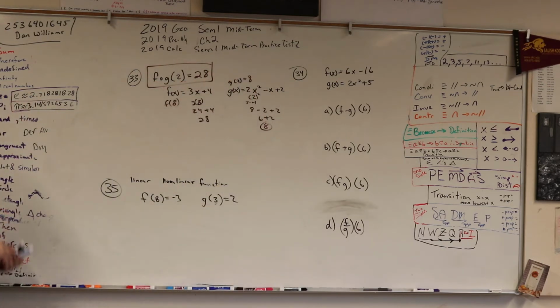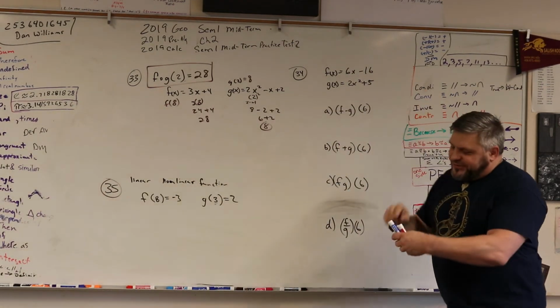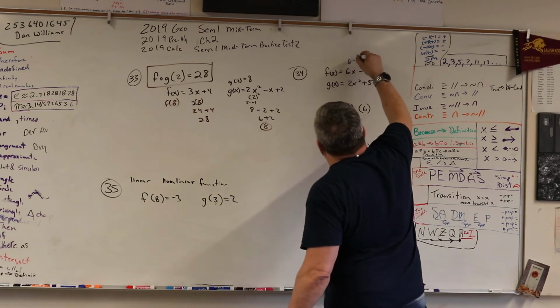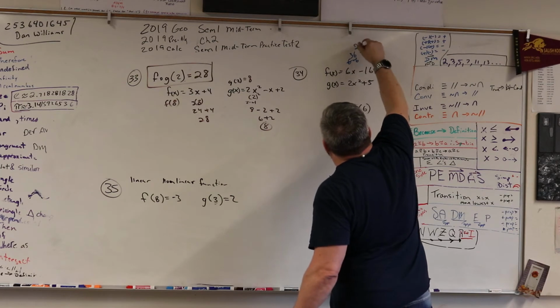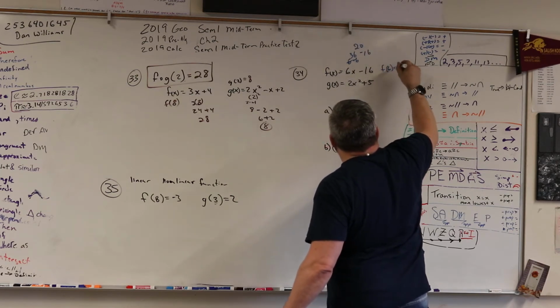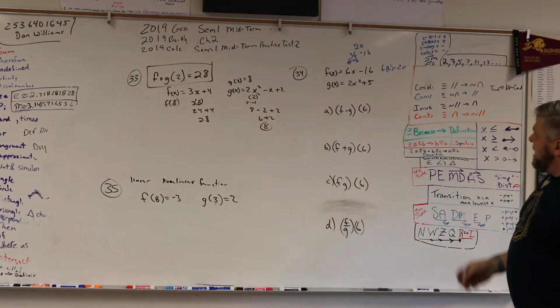Okay? Next. F of 6. If I plug 6 in here, then I get 6 times 6, which is 36, minus 16, which is 20. Okay? So f of 6 equals 20. You feel me? Okay?